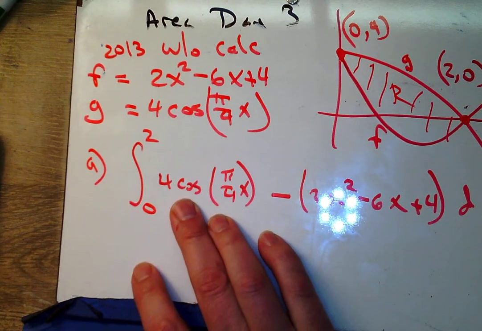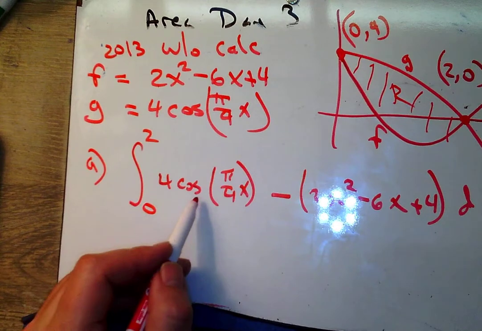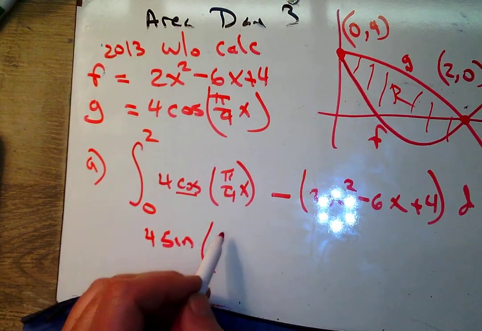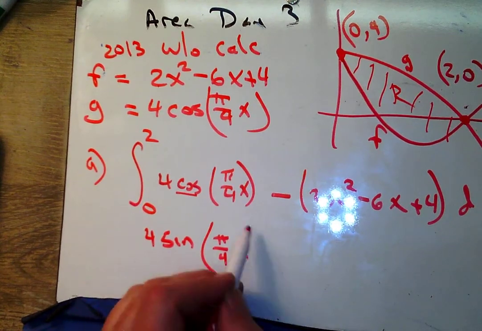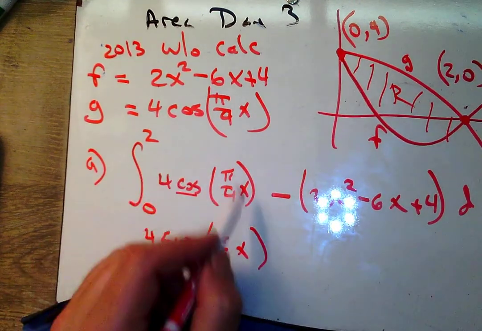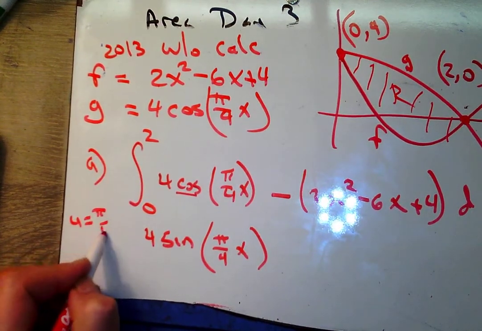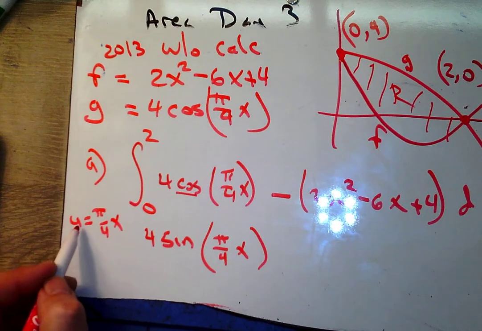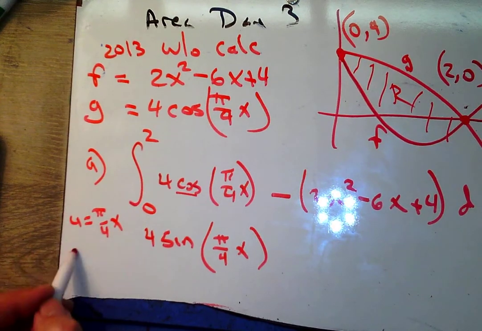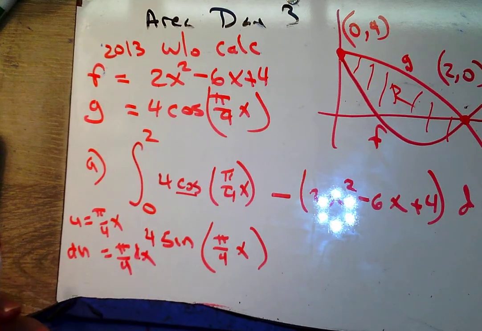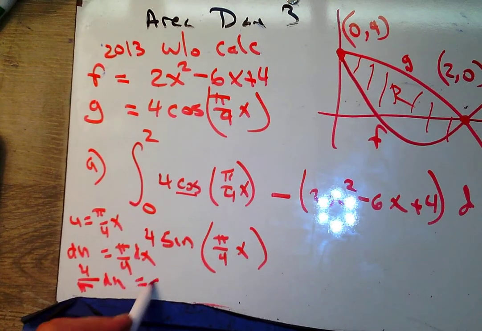So whose derivative is cosine? Cosine is the derivative of sine. So for sine, now be sure about this, you may want to use a u sub to figure out this integral. In fact, I may want to use a u sub over 4x. So du is pi over 4 dx. Okay, so 4 over pi du is dx.